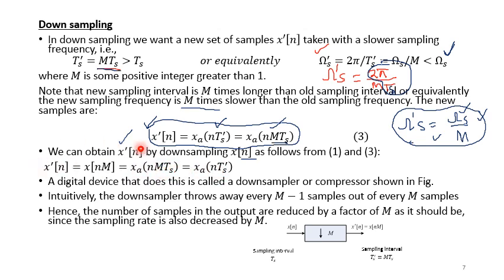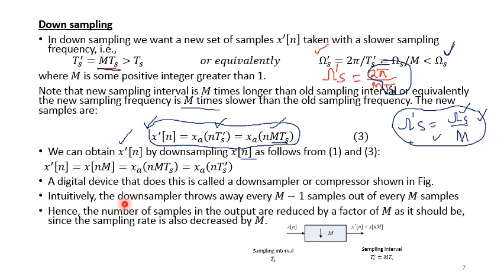This is the relationship between the new signal, meaning the downsampled version, and the discrete-time signal.